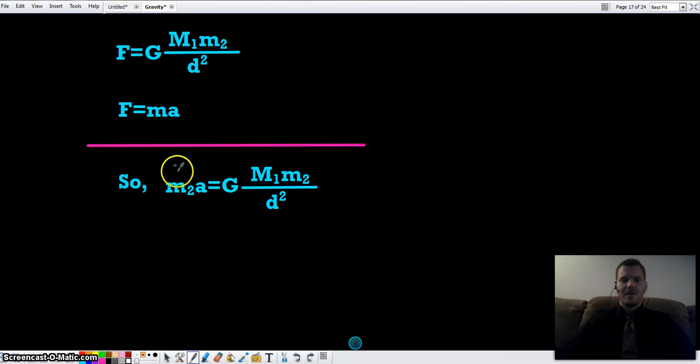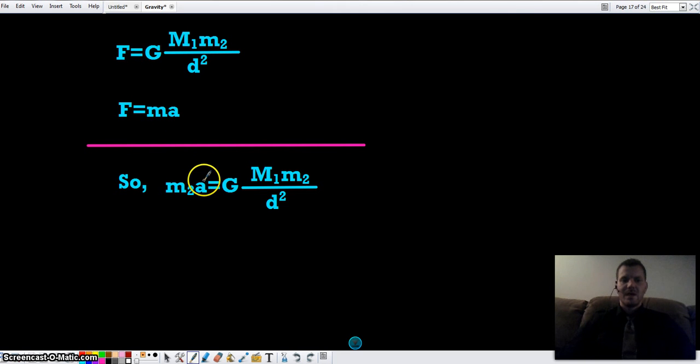All right, so before, when we did this equation, we used, for this m, our mass to get our acceleration. So we'll call this m2 to go with our mass up here, m2, and this will be the acceleration that we feel. So if F is equal to ma, we can replace this F with ma.